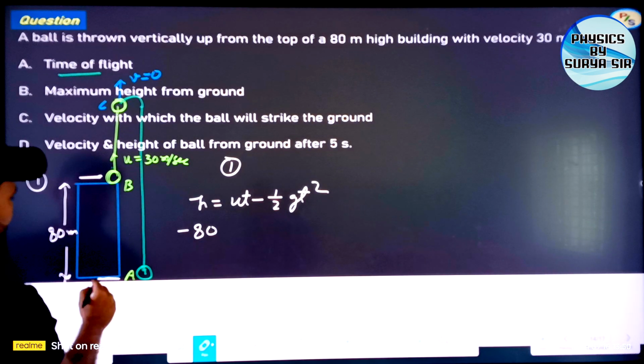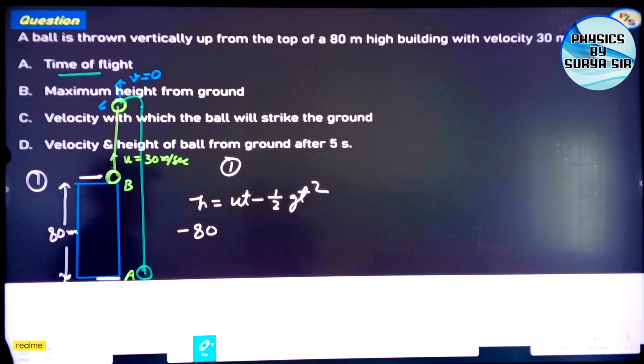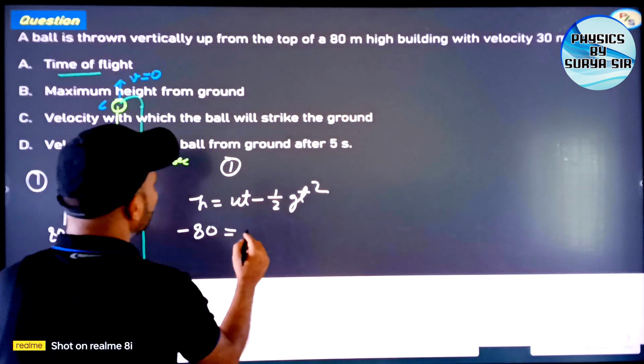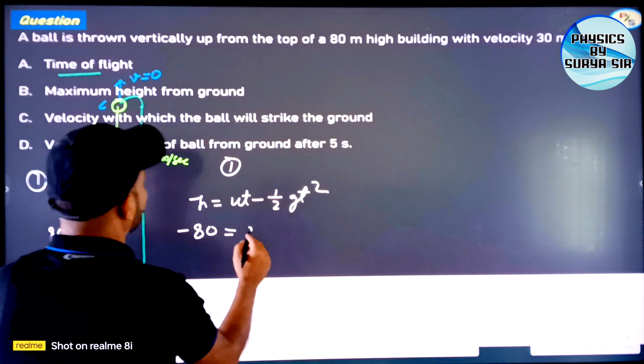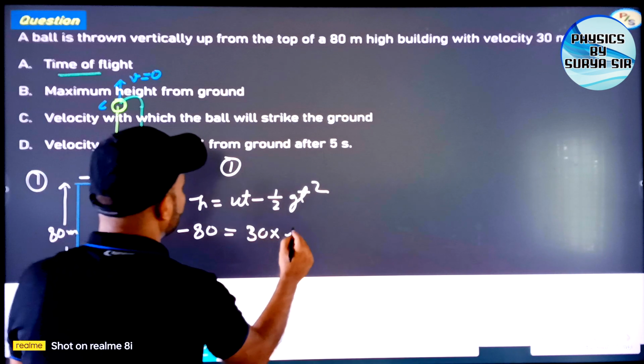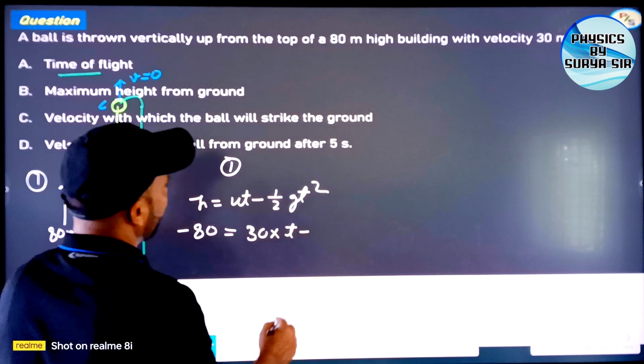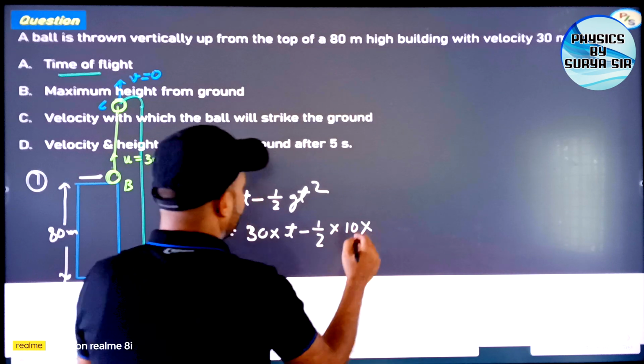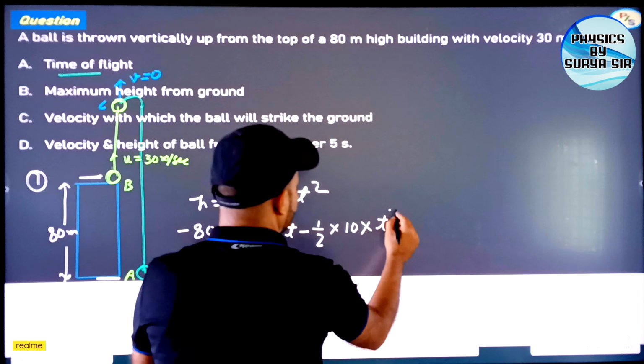Initial place is here, final position is here, displacement is downward, so we use minus 80 is equal to ut, u means 30, into t minus half, take the value of g as 10, t square.